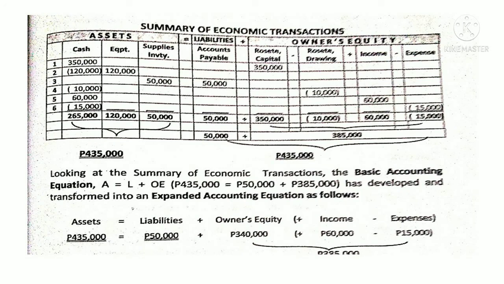So assets is 435,000 pesos, liabilities is 50,000 pesos, then owner's equity is 340,000, with the drawing already deducted. Then the income of 60,000, then expenses of 15,000 pesos. So the total of owner's equity, income and expenses is 385,000 pesos plus 50,000 pesos. So the same total, 435,000 pesos. So it is balanced. That is the concept of the accounting equation.